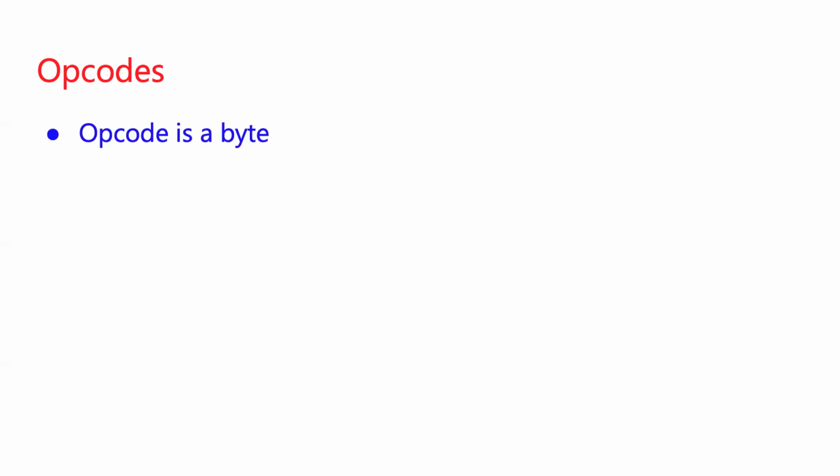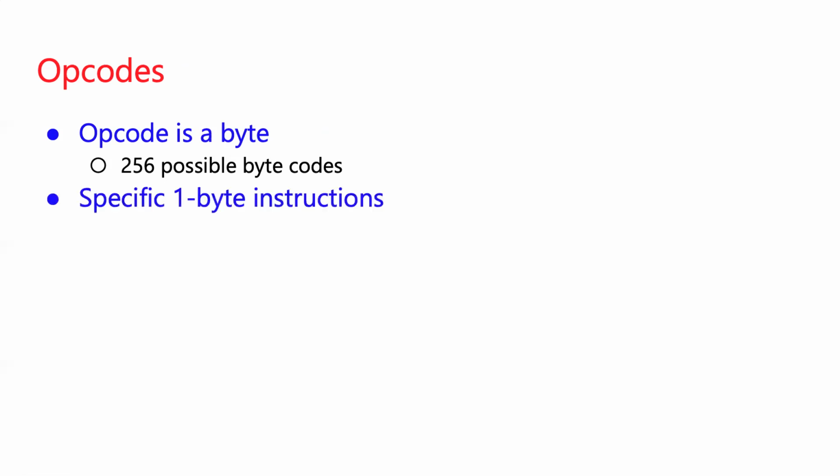So if each opcode is a single byte, that means the Java virtual machine can support up to 256 different machine instructions, each one with a specific 1 byte code that says what that instruction is. So the instruction iload that we were just talking about, there's a bytecode for that. The istore instruction or the iadd instruction, there's a bytecode for that.